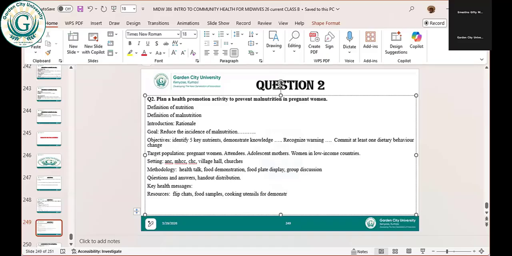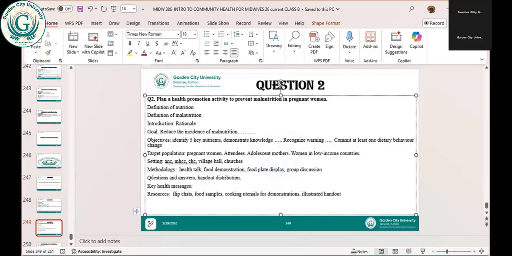And then we said illustrated handouts. And then we said MUAC tape for screening.